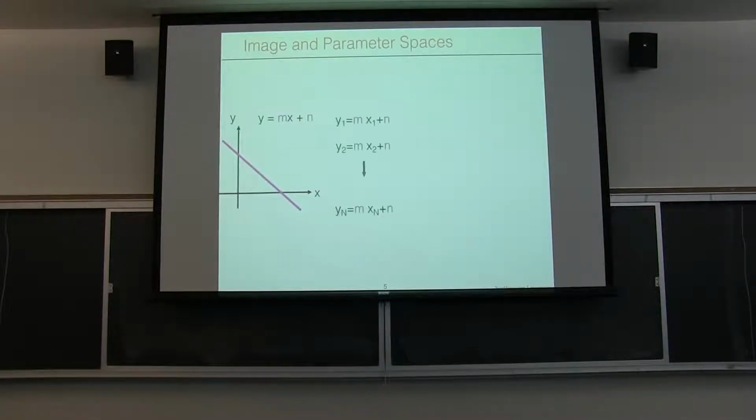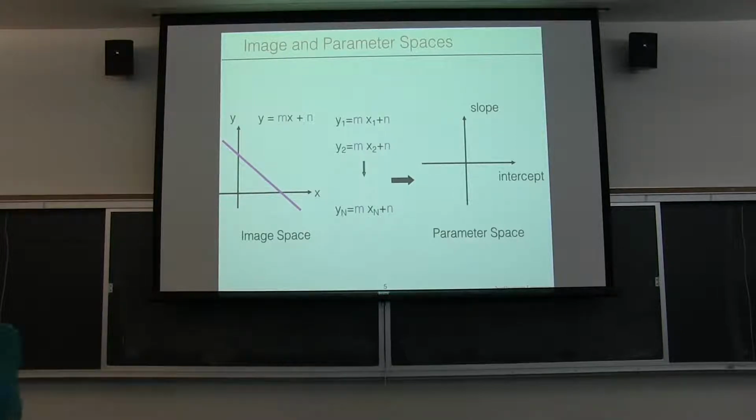Now what we did was to look at this equation in a slightly different way. We said, let's reverse the role of these variables and think of m and n not as the parameters, but as the variables, and x and y as some fixed parameters. So we went from what we call the image space, where we are looking for lines, to the parameter space.